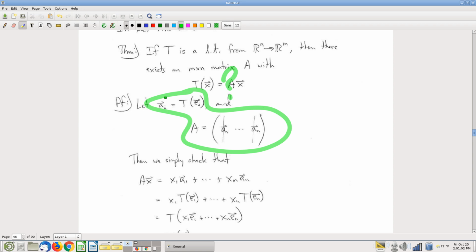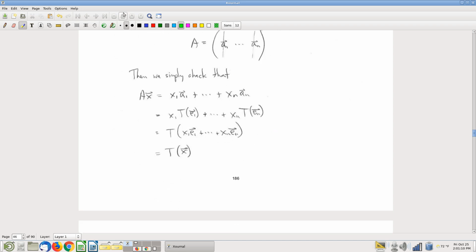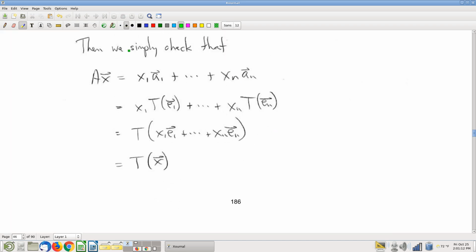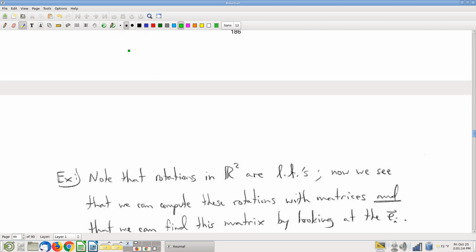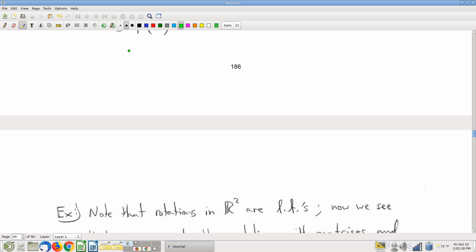All right. Okay. So I'm going to show you an example of how we can use this. This will be a little bit of a callback to Math 212, actually. So I'm going to start with an assertion. I claim that rotations in R2, rotations around the origin, are linear transformations.